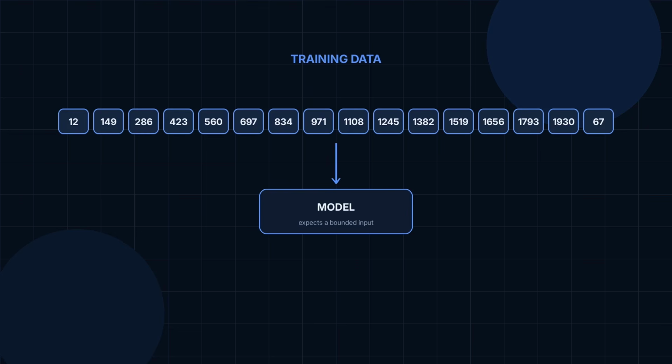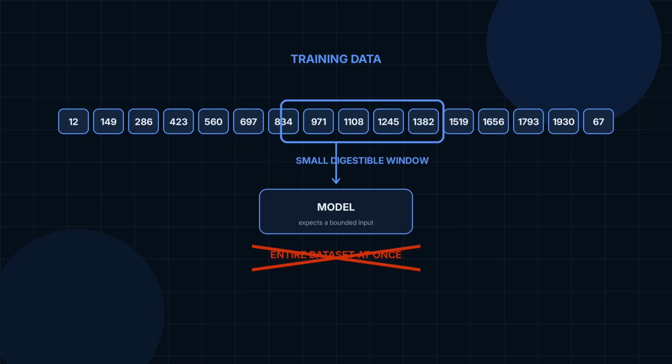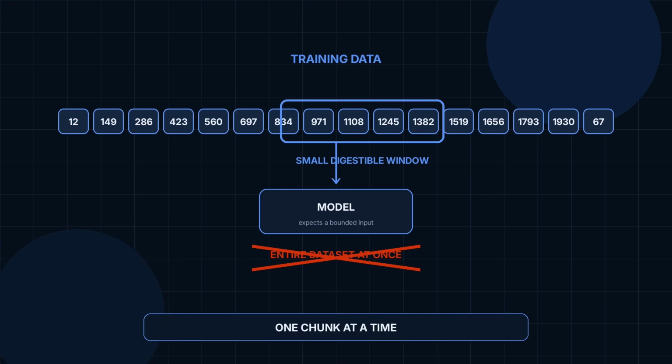But you can't just hand this whole river to the model and say learn. Models don't read entire datasets at once. They learn from small, digestible windows, one chunk at a time. So the next question is, how do you slice that stream into something the model can learn from?